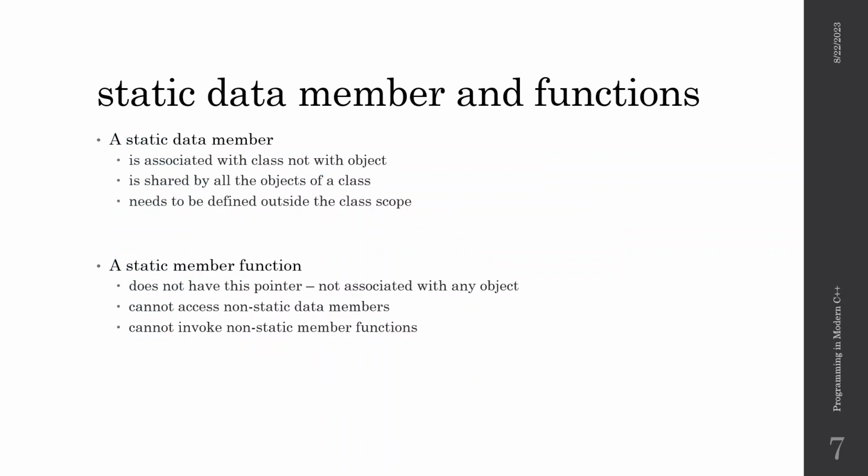First we will go over the static data members and member functions. Static is a keyword which we can append to a data member or a member function, and when we do this, the static data member is associated with the class as a whole and not with any specific object.